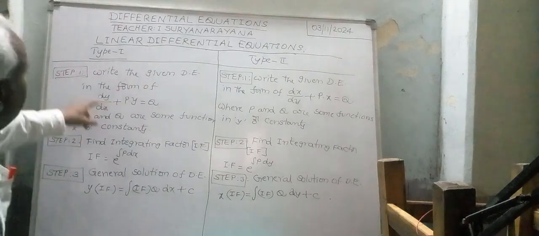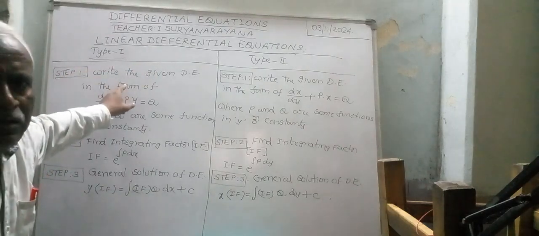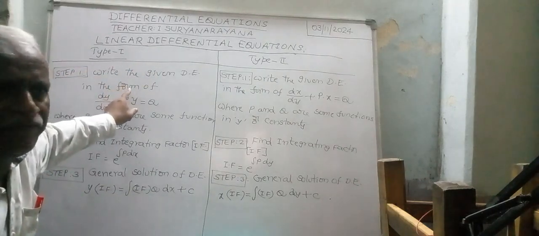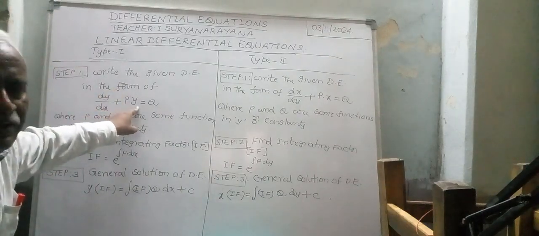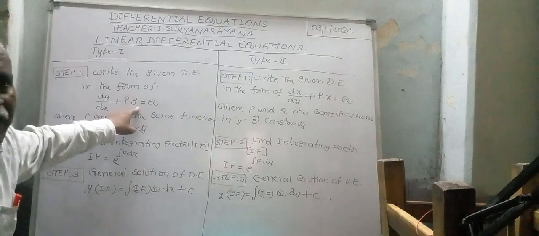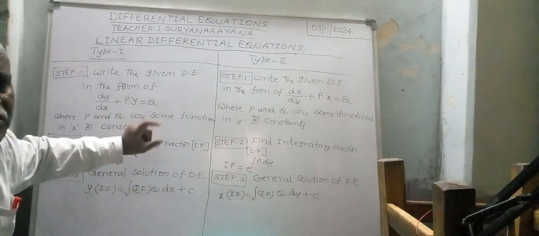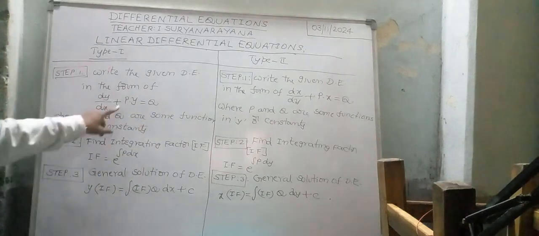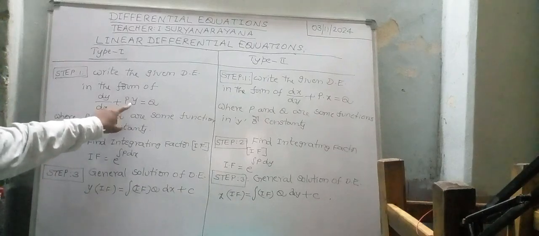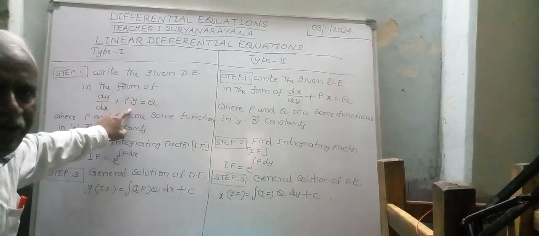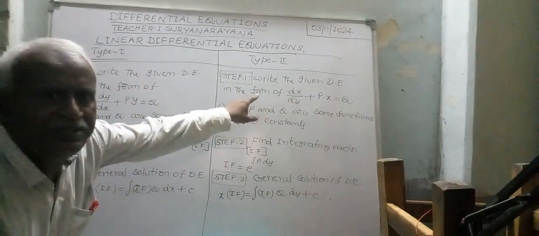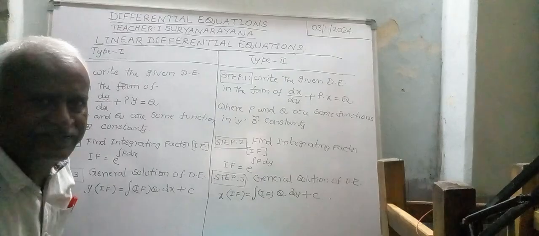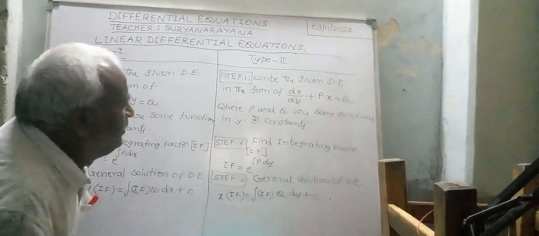To solve the linear differential equation of type 1, that is dy by dx plus p into y, we always have to find p and q when solving. It is very important. Here p is the coefficient of y, whereas in the other case p stands for the coefficient of x only.